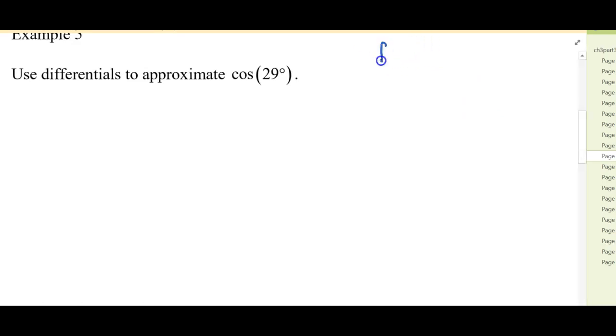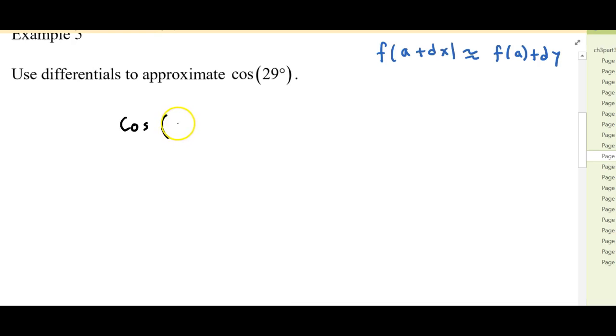We're going to be using this formula: f of a plus dx is approximately f of a plus dy. We want to approximate the cosine of 29 degrees.